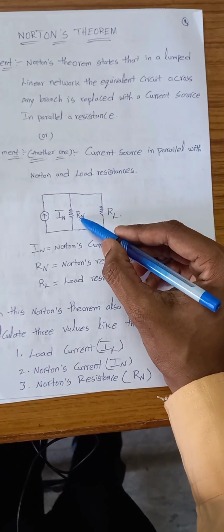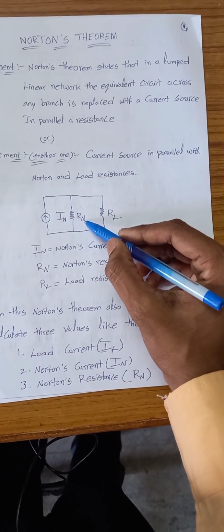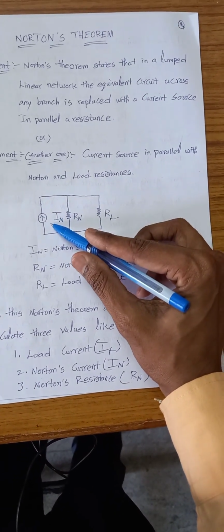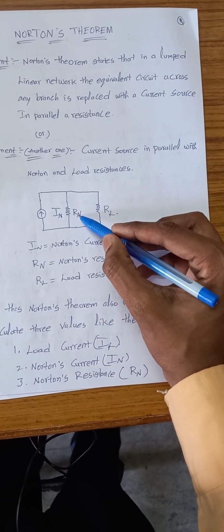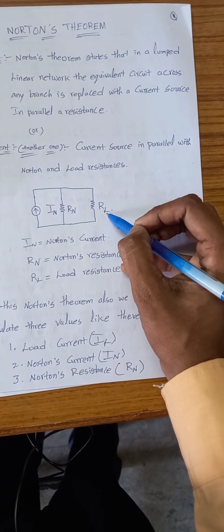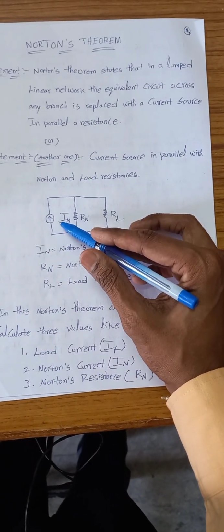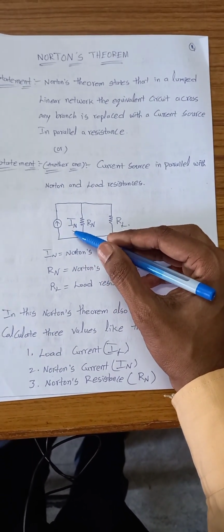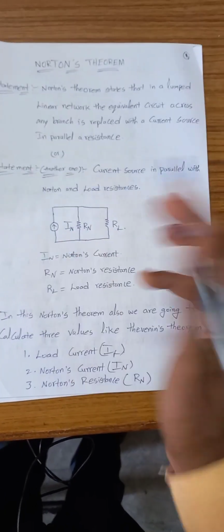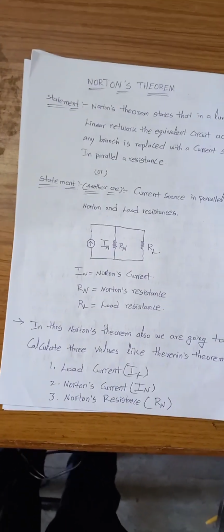But here that resistance is in parallel with the current source, that resistance is the Norton's resistance, and the load resistance is also in parallel with the current source. This is the major difference between Thevenin's theorem and Norton's theorem, remember it.